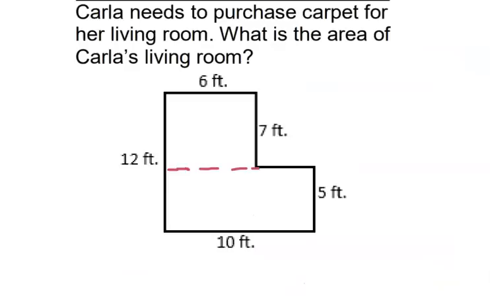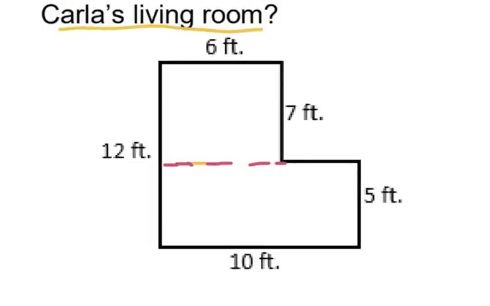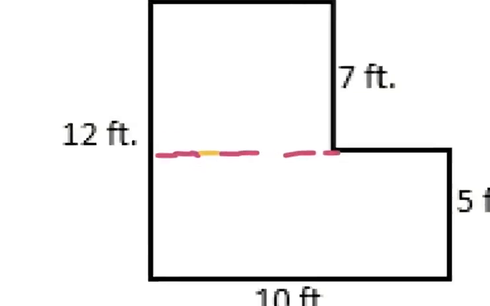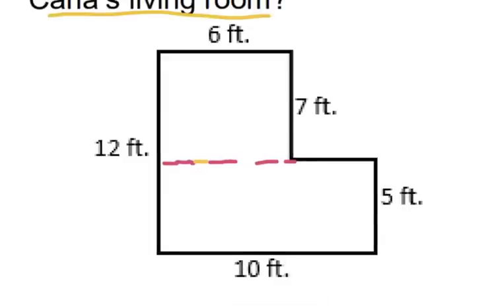Carla needs to purchase carpet for her living room. What is the area of Carla's living room? Well, we don't really have the formula for an L shape. So one way we could do it is to just go right along these red lines that I created already. Then we have 2 different shapes that are pretty easy for us to find.